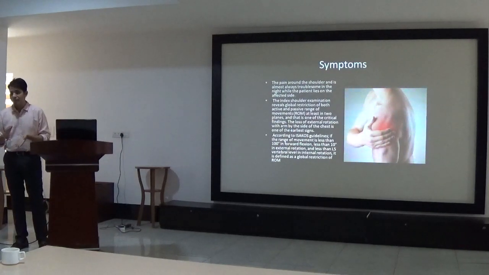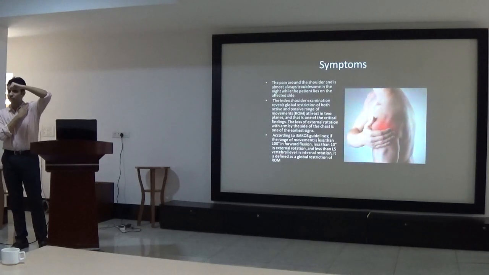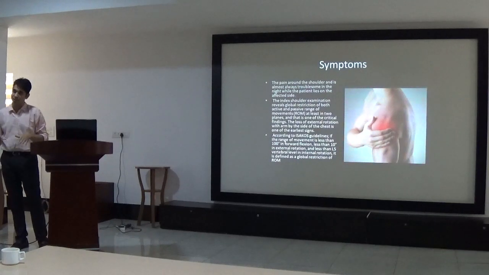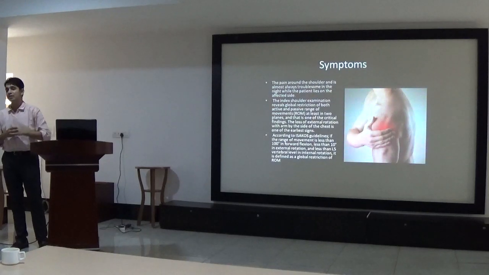If the patient is having radicular pain, when we are doing the shoulder passive movements, the patient will not have any pain. The patient will allow you to do passive movement as far as it is possible, but active movement will be painful.